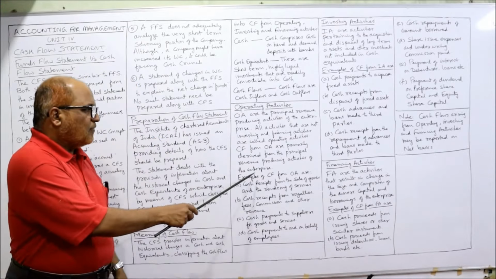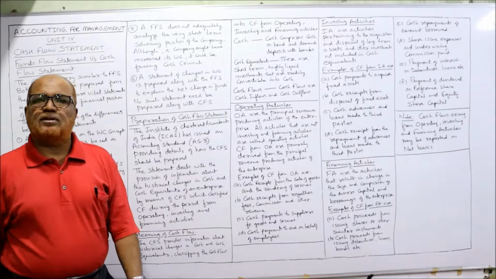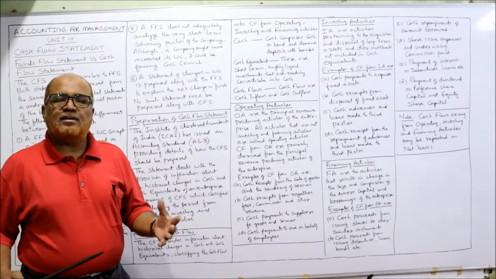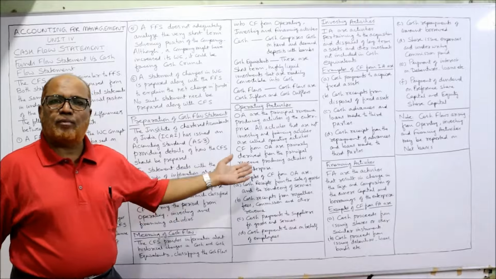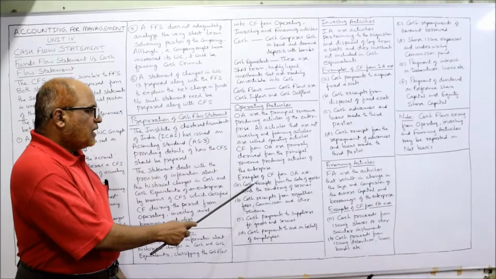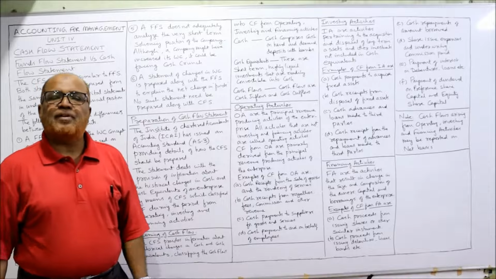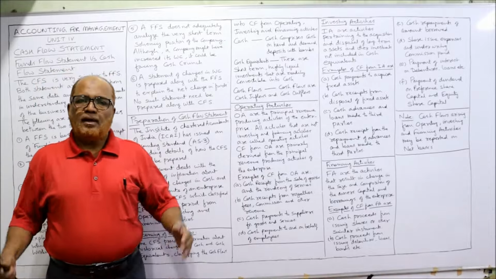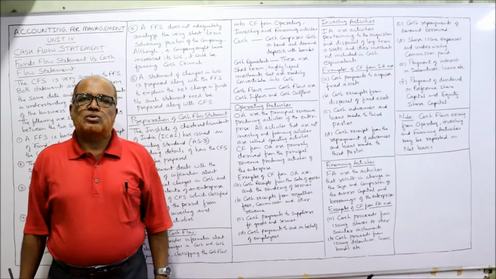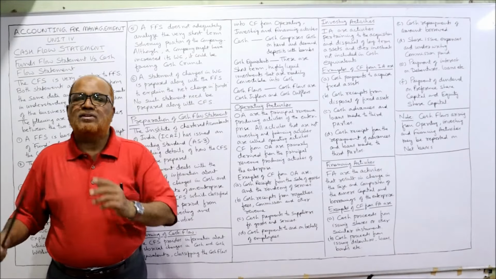Now examples of cash flow from operating activity. So what are the different examples which give the cash flow from operating activity? First one, cash receipt from the sale of goods or rendering of services. A business will sell the goods or provide the services.